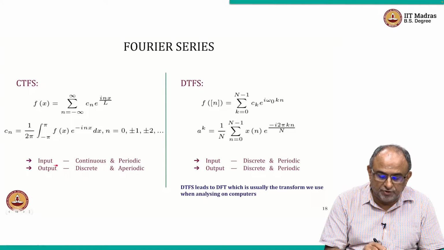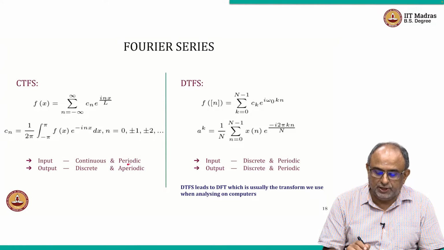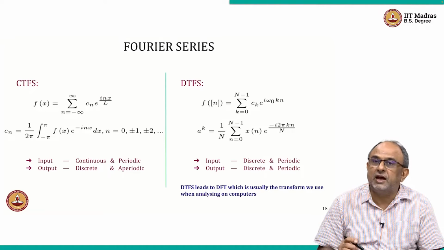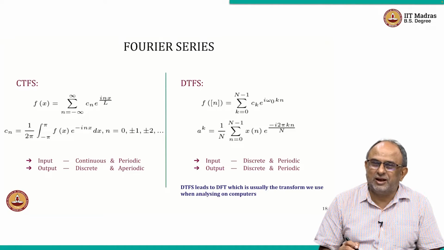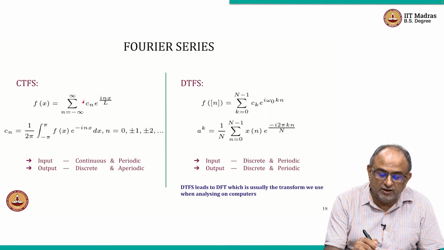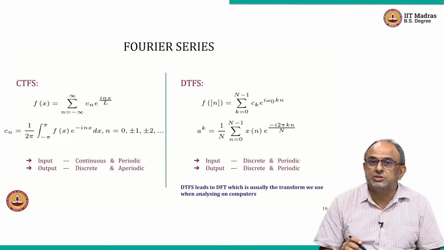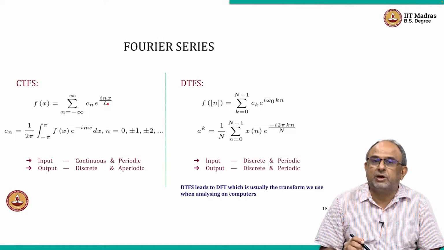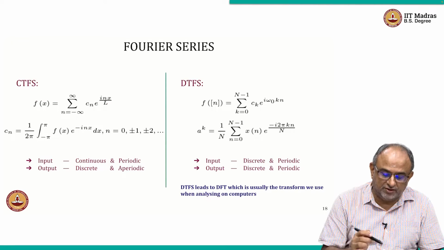The input f of x is continuous and periodic, and therefore the functions that are here also are continuous in x and periodic. x is the variable, sometimes we call it time, sometimes x, and so on. And this is the complex coefficients that we use to weight these basis functions to get the complete signal f of x.